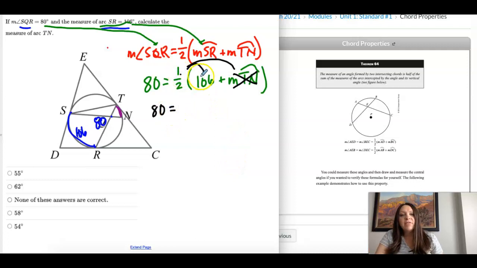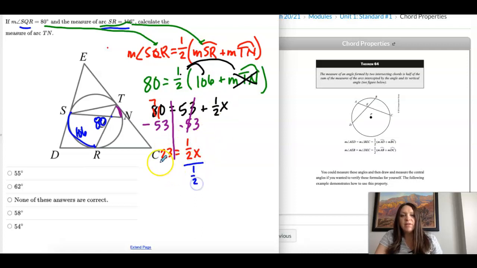So 1/2 times 106 is 53. And then I'm just going to say 1/2 X. That's our unknown, the arc we're trying to solve for. Okay, so now it's just a simple equation: minus 53, minus 53. That becomes 23 equals 1/2 X. I'm going to divide both sides by 1/2.